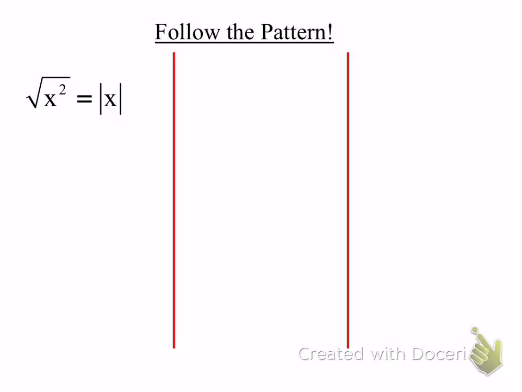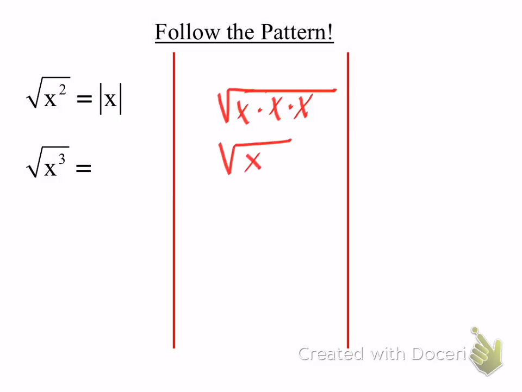Okay, now, if I have x to the third, let's talk about what that really means. That means x times x times x. And can I split that up and say x squared and x? Yeah?